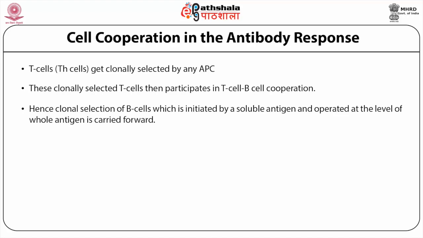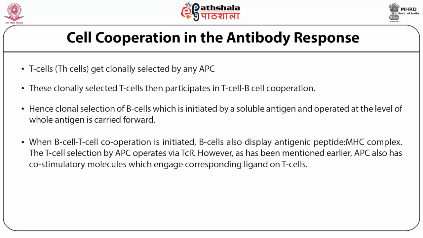When B cell-T cell cooperation is initiated, B cells also display antigenic peptide-MHC complexes. The T cell selection by APC operates via TCR. However, as has been mentioned earlier, APC also has co-stimulatory molecules which engage with corresponding ligands on T cells.